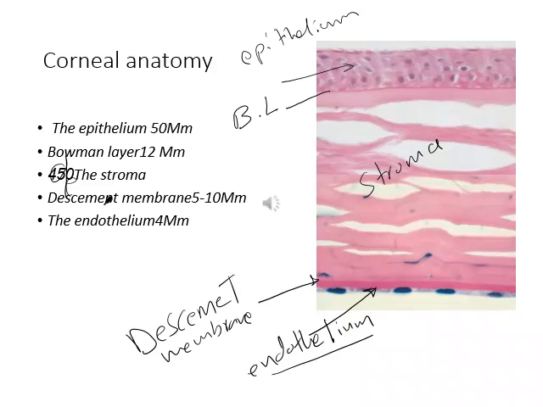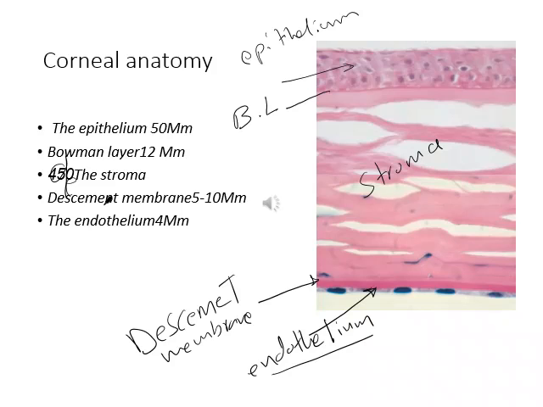Then the innermost layer that is adjacent to aqueous humor is the endothelium. The endothelium is a monolayer of polygonal cells. This monolayer of polygonal cells is also important for maintaining corneal transparency and corneal deturgescence throughout life.